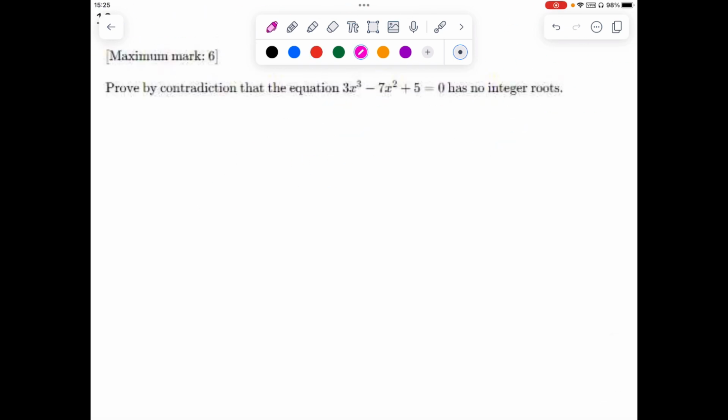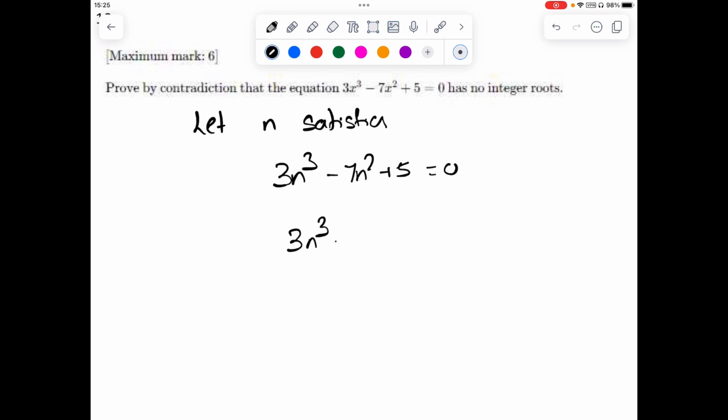Prove by contradiction that 3n cube minus 7n square plus 5 equals 0 has no integer roots. So let n satisfy this: 3n cube minus 7n square plus 5 equals 0. So 3n cube plus 5 equals 7n square.